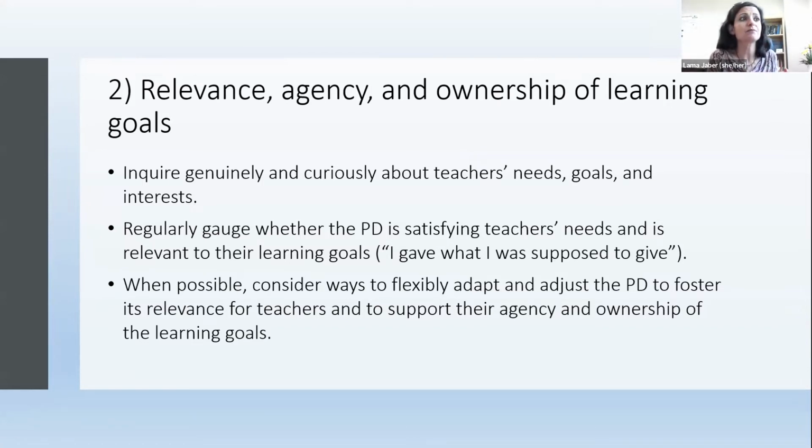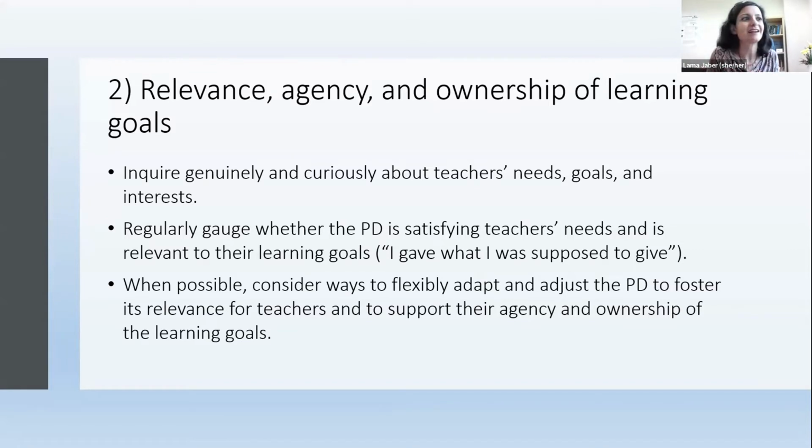And in that PD, the veteran teachers were positioned or given opportunities to provide training for the novice teachers to use certain technologies and to expand their content knowledge within a specific area. So what happened in those cases is veteran teachers wanted to do that part and be giving.